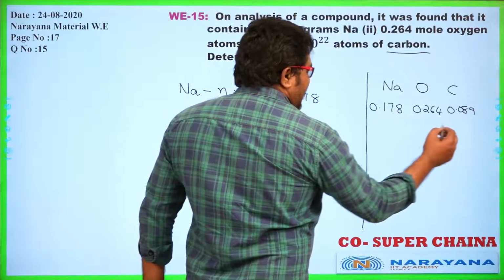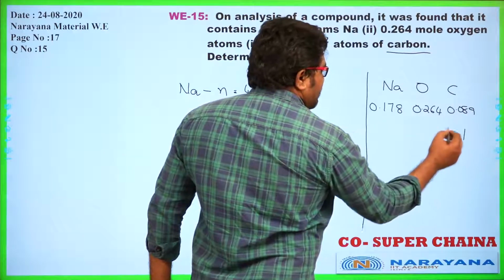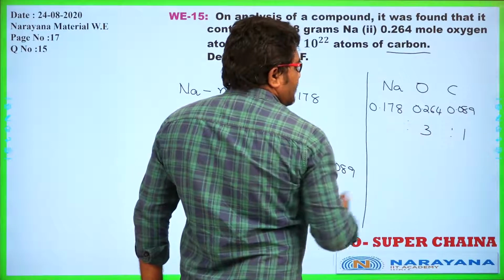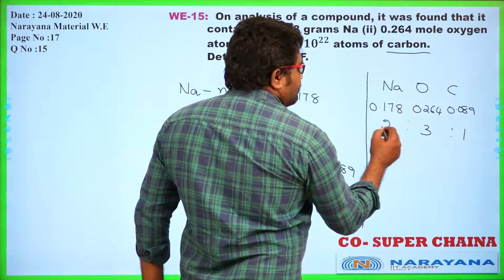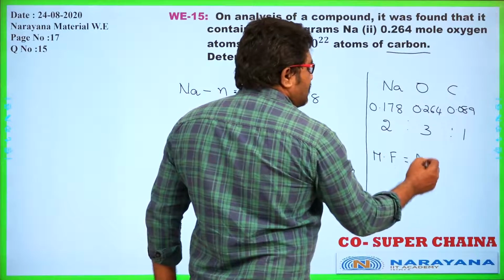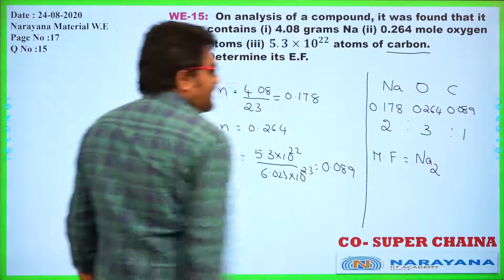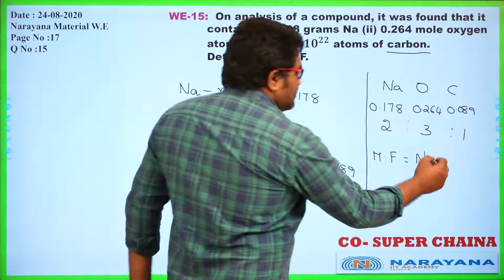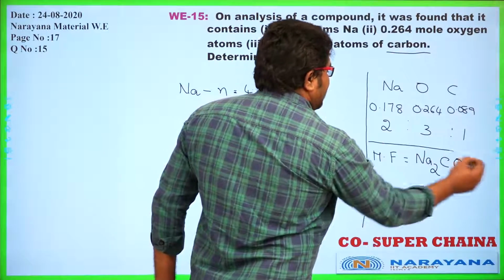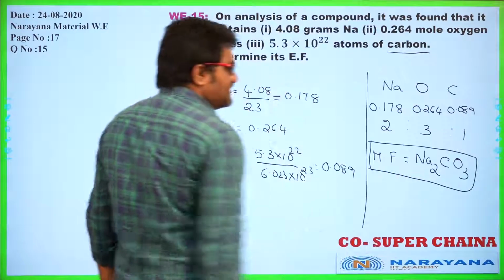So I am taking the simplest ratio. How can we take that simplest ratio?